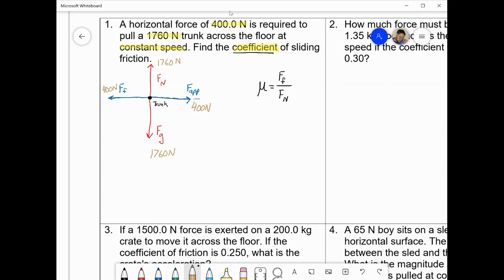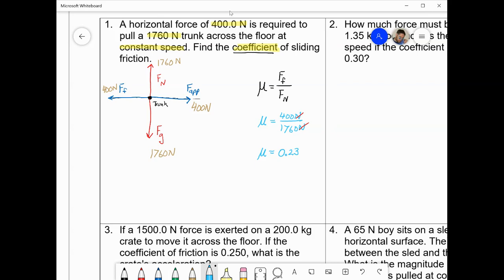Now we actually know all four forces, and we can plug them into our original equation over here. So when we do that, we can say that the coefficient of friction is equal to 400 newtons divided by 1,760 newtons. And because I have newtons on the top and newtons on the bottom, the newtons cancel out, and I'm left with a unitless number, which means that my coefficient of friction is equal to 400 divided by 1,760, which is equal to 0.23.